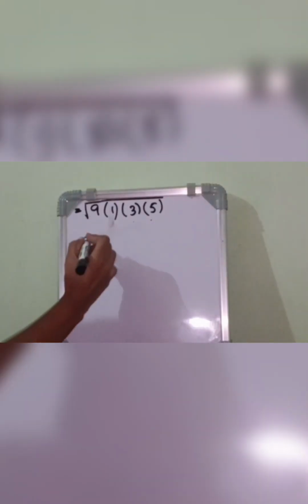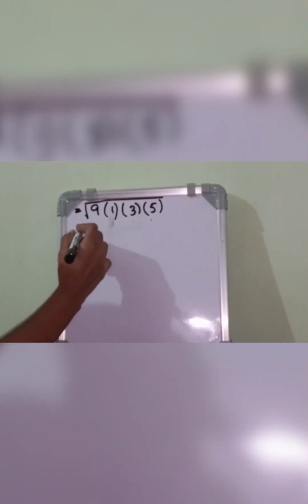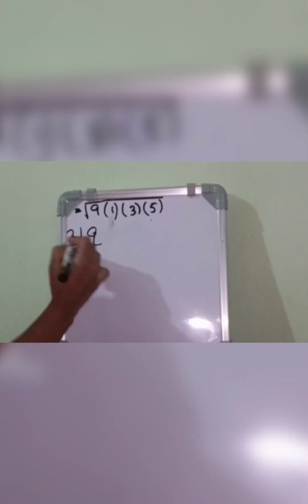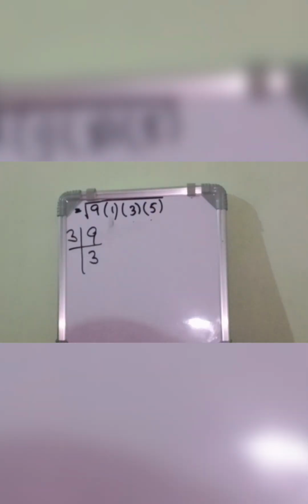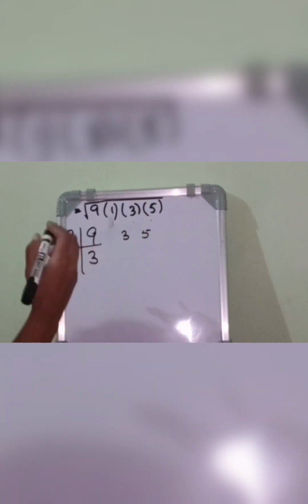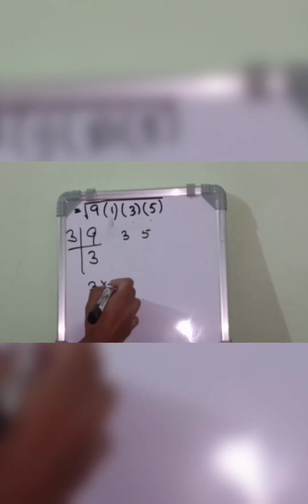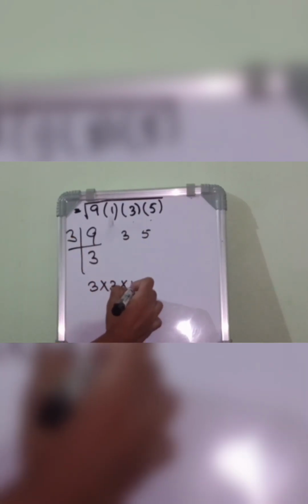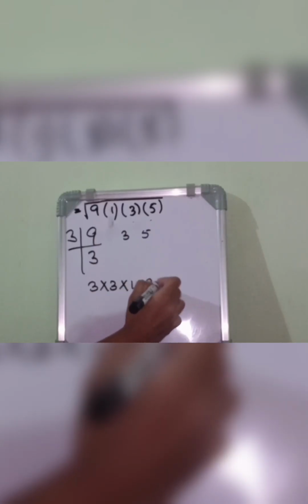Now, you have to simplify this. 9 will be 3 into 3, and 1 is 1, and 3 and 5 are not divisible by anything. So under root of 3 into 3 into 1 into 3 into 5.